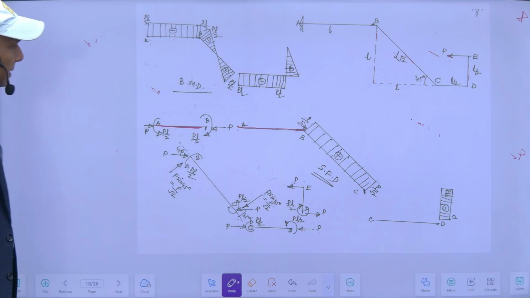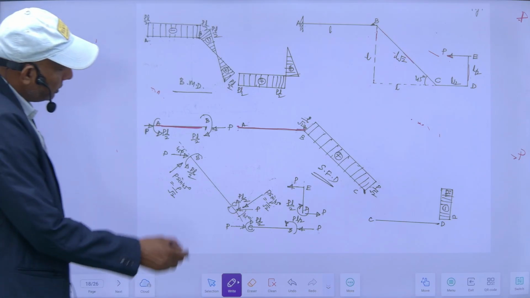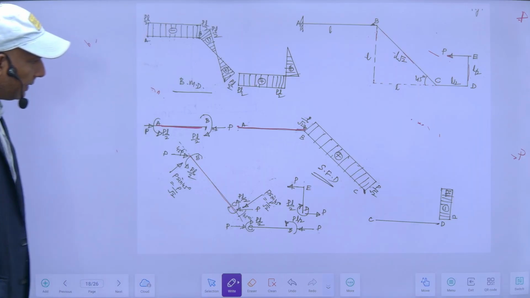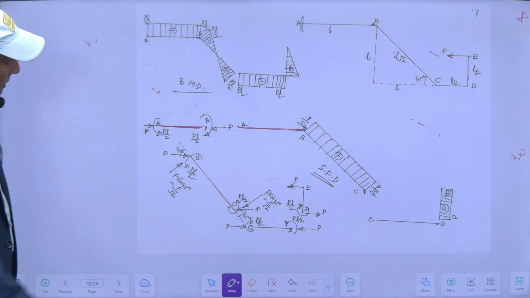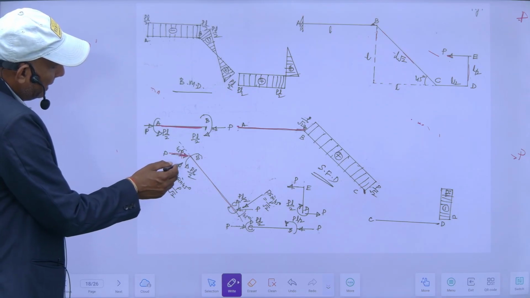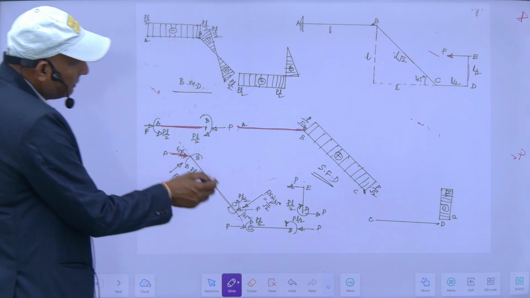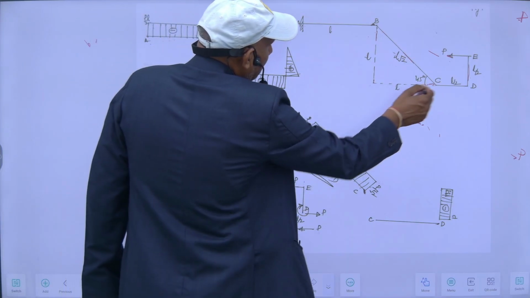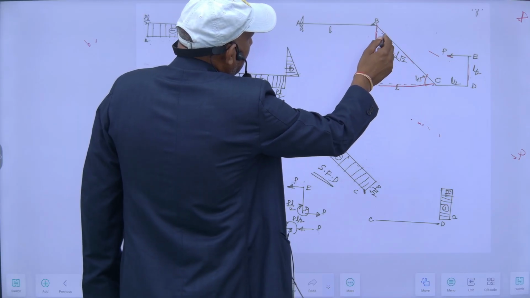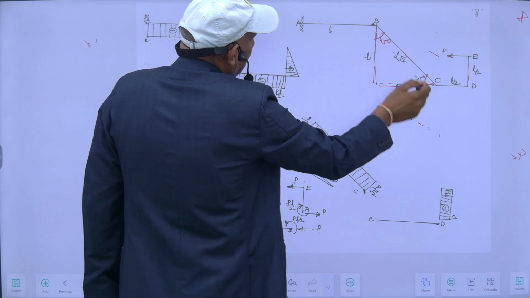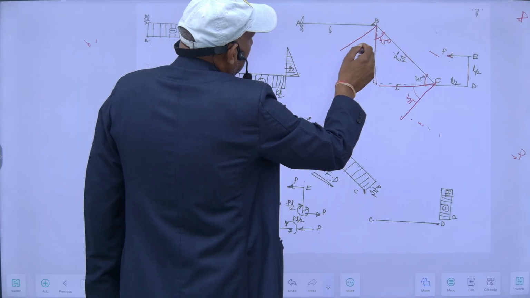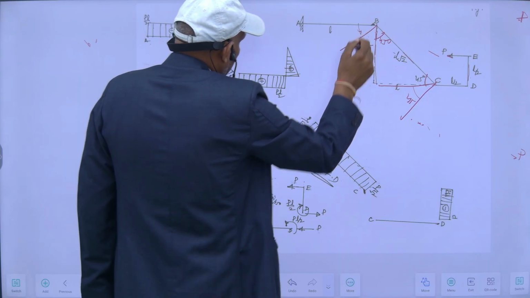Now the shear force for this inclined portion. Since this is L, this is L, this angle is 45 degrees, and this will also be 45 degrees.